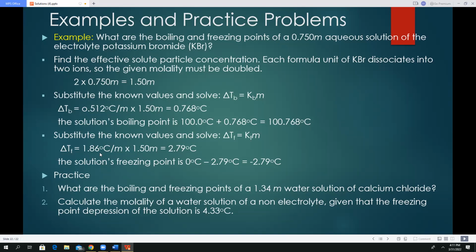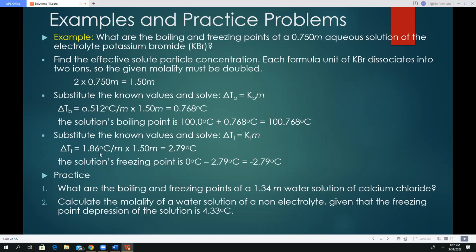Now the next one is of a non-electrolyte. Okay, so if it's a non-electrolyte, however much that molarity is, that's what it's going to be. So it says calculate the molality of a water solution of a non-electrolyte, given that the freezing point depression is 4.33.